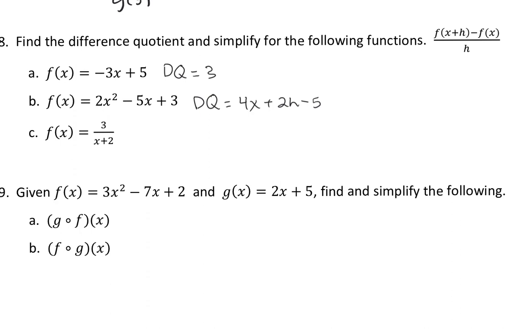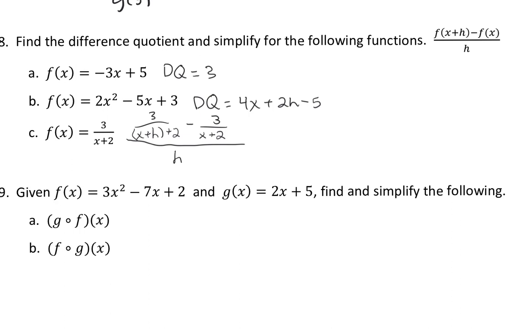Okay, lastly, we're going to find the difference quotient for f of x equals 3 over x plus 2. So the difference quotient is going to be 3 over x plus h plus 2 minus 3 over x plus 2. This is all divided by h. So here what we need to do is find and then multiply by the common denominator of those two fractions in the numerator.